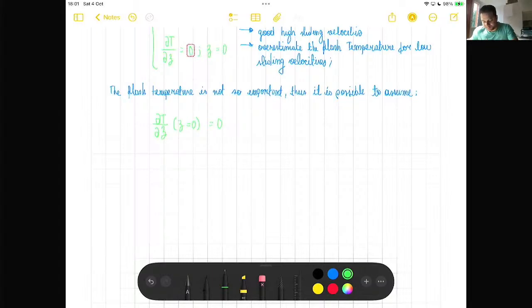This is very similar to assuming minus infinity lower than ζ, which is lower than positive infinity.